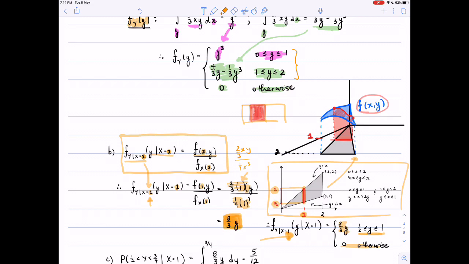But if we restrict ourselves to a single value of x, well, what happens? Then we get an area underneath. And if we remember from our univariate, single variable probability, an area under a curve is probability. And so that's exactly what's happening here.